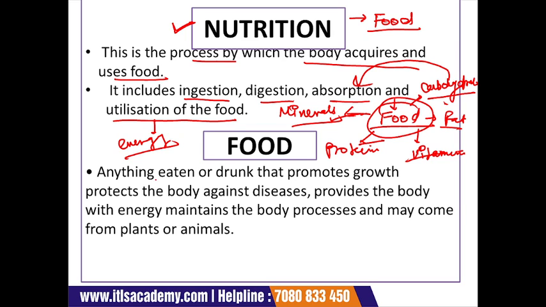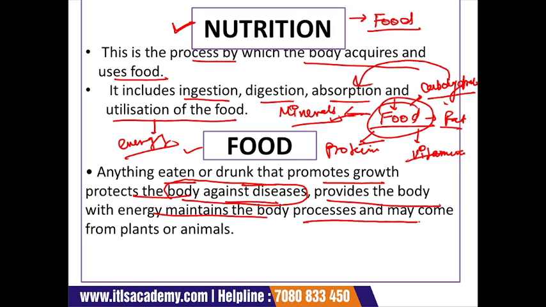Now what is food? Food is anything that we eat or drink, and it helps our growth. This is called food. Anything eaten or drunk that promotes growth, protects the body against disease, provides the body with energy, maintains the body processes, and may come from plants or animals. Food that comes from plants is called vegetarian.